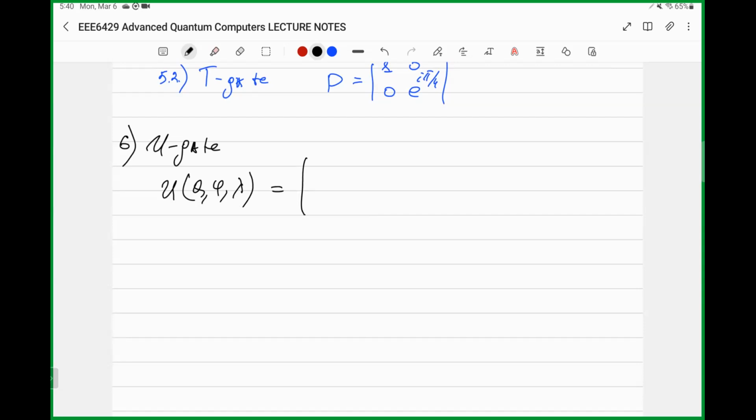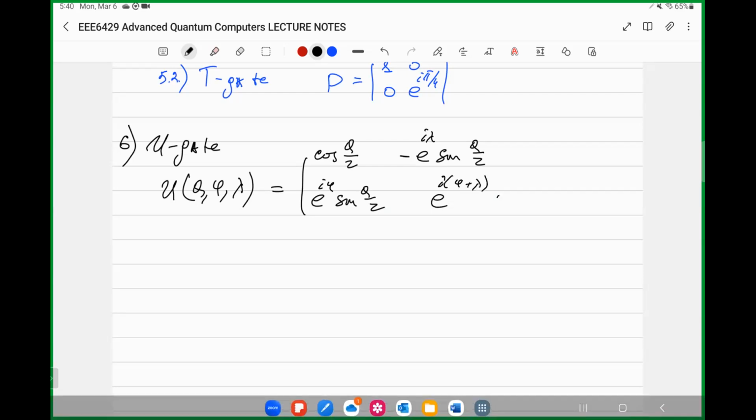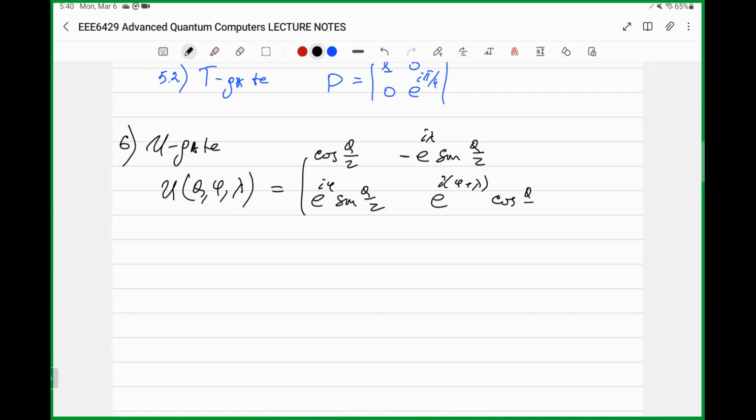And the matrix is as follows. It is cosine theta over 2, then minus e to the power of i lambda sine theta over 2, then e to the power of i phi sine theta over 2, and finally e to the power of i (phi plus lambda) cosine theta over 2.